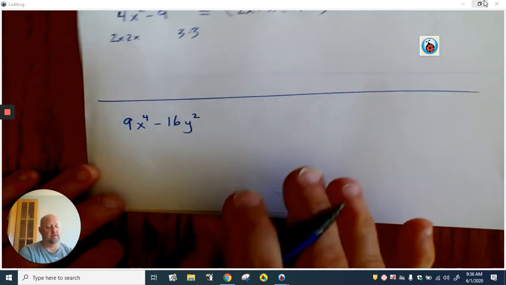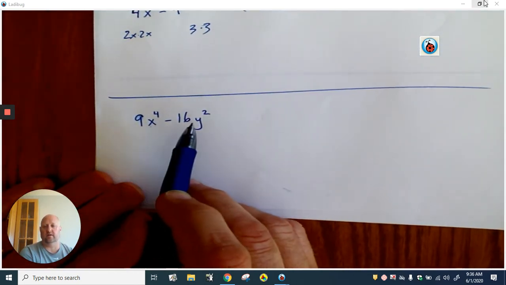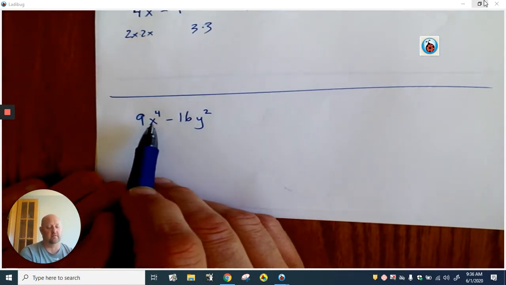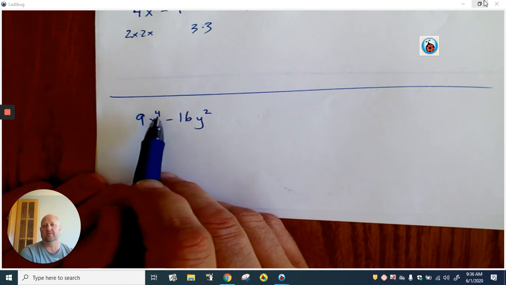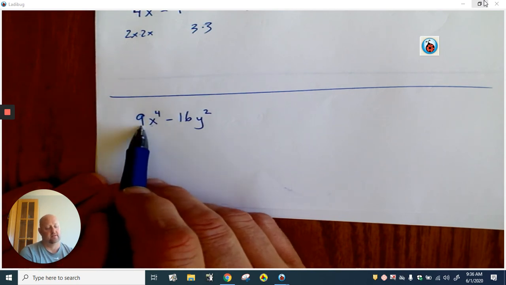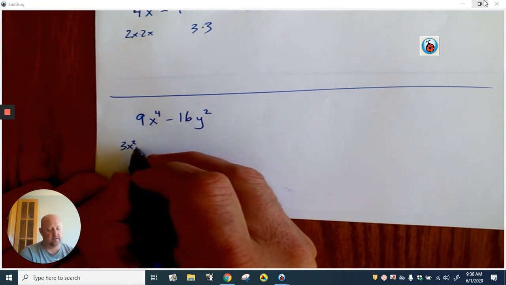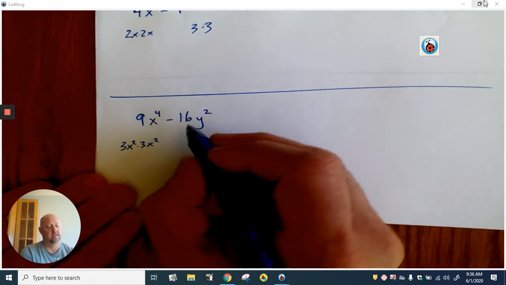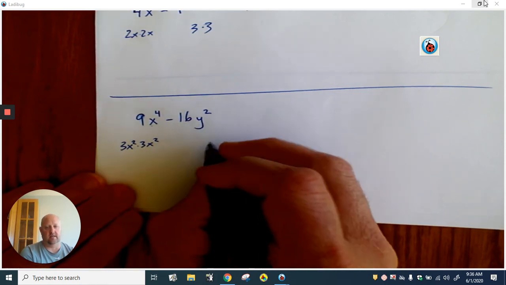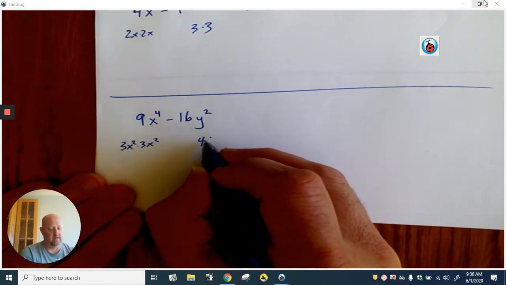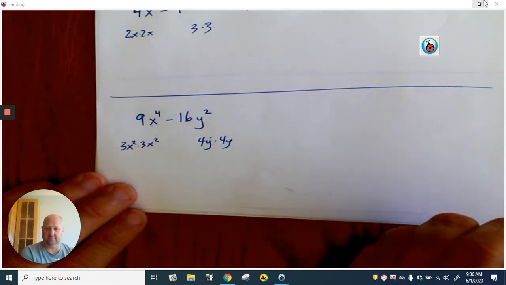You can deal with bigger exponents as well, as long as they're even, because it's got to be even for you to take the square root. Sure enough, 9x to the fourth would be 3x squared times 3x squared. 16y squared would be 4y times 4y, right?